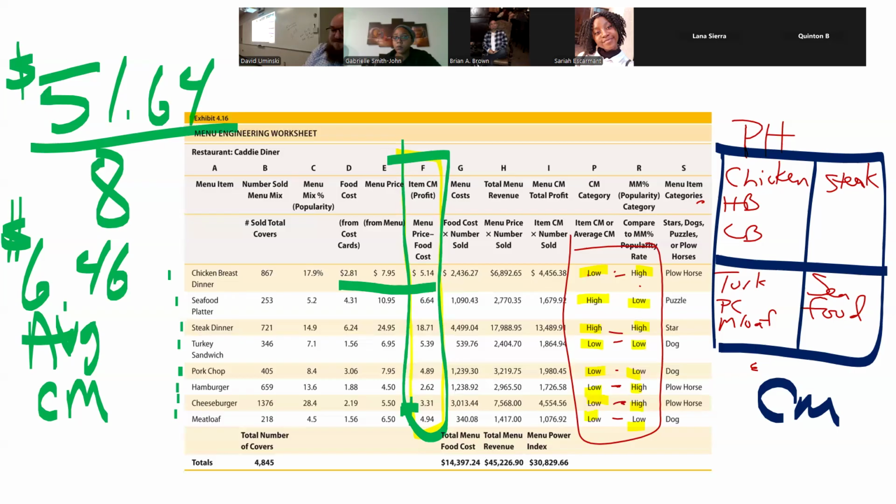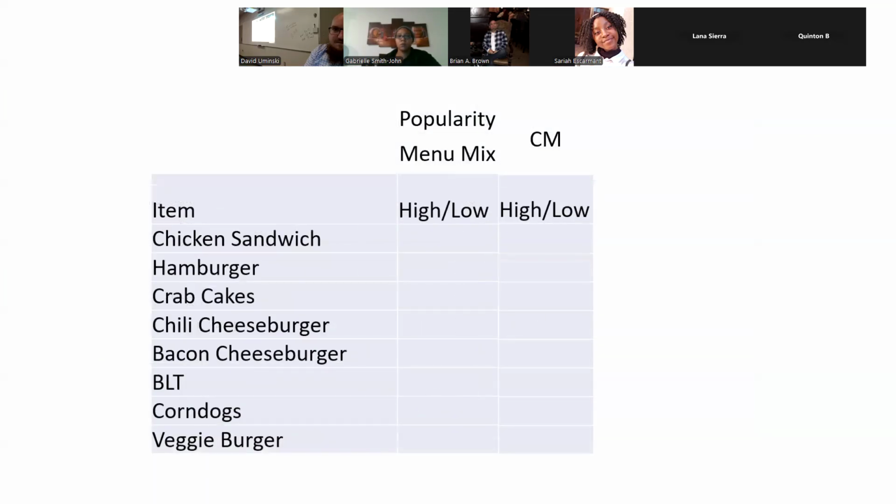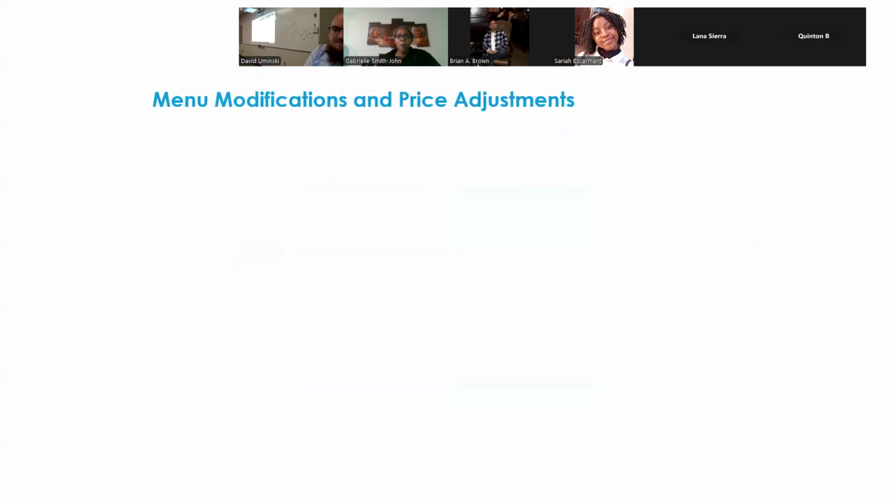But this is kind of how we have to decide: is the menu our problem or is the problem operational?